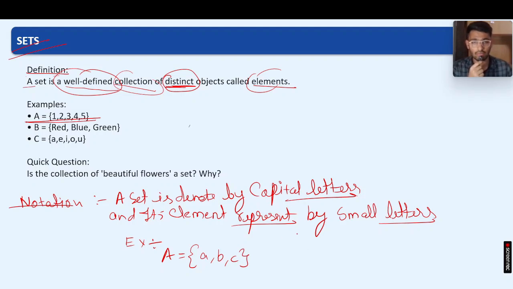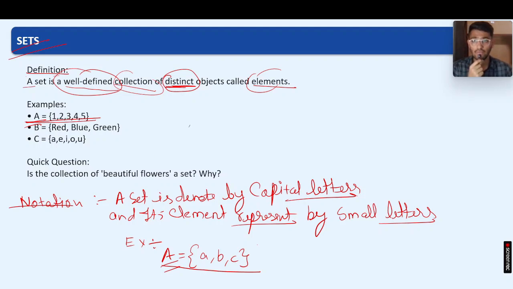It will definitely be in curly brackets, and the notation of a set is always a capital letter.